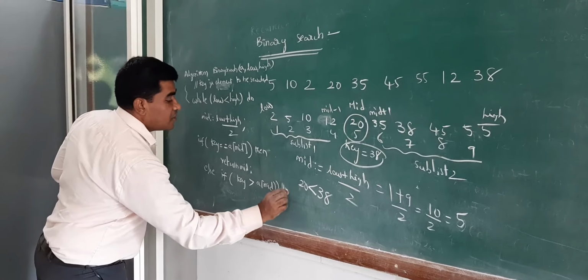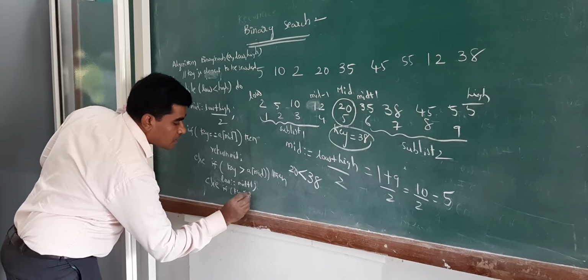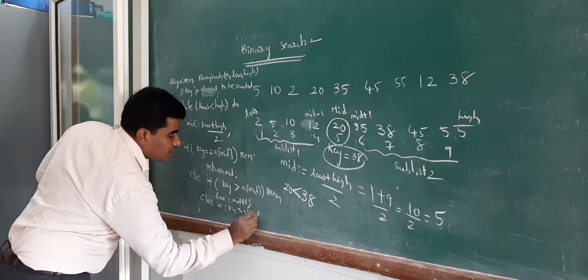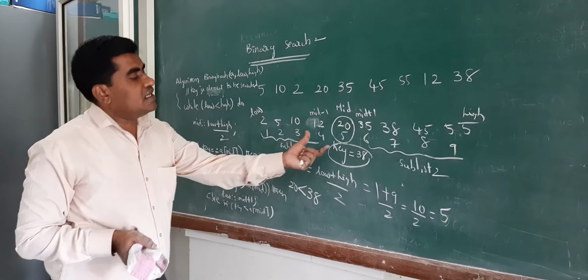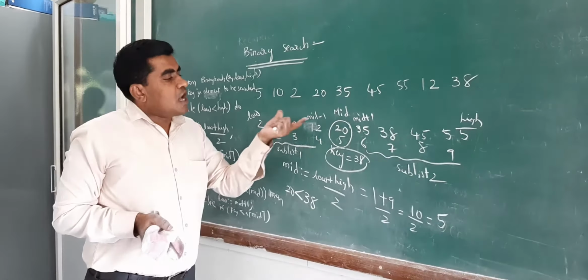Else, if the key element is lesser than the mid value, then we have to enter into sublist 1. Sublist 1 ends at mid minus 1.